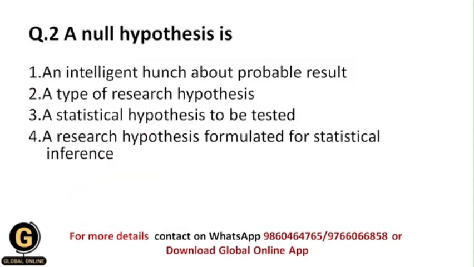Next, a null hypothesis is, now what is the definition of the null hypothesis? Whether it is an intelligent hunch about probable result, or it is a type of research hypothesis, or it is a statistical hypothesis to be tested, or it is a research hypothesis formulated for a statistical inference.